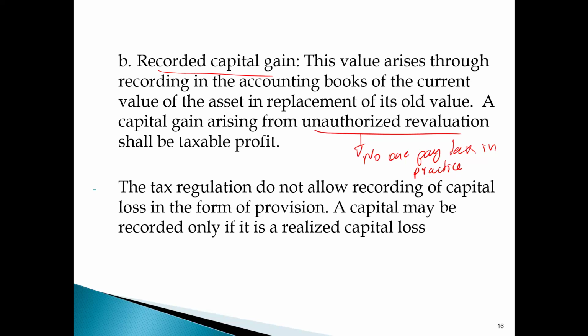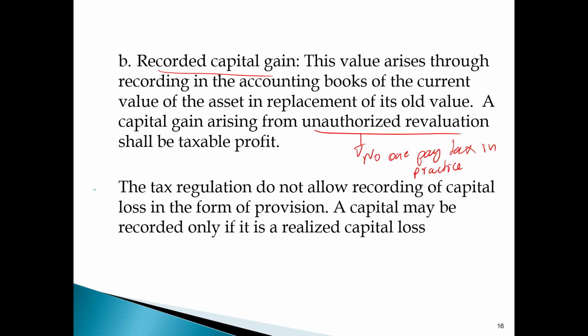We learned before that, as the starting point, taxable income is the net profit realized from all types of operations, including capital gains, only when realized.